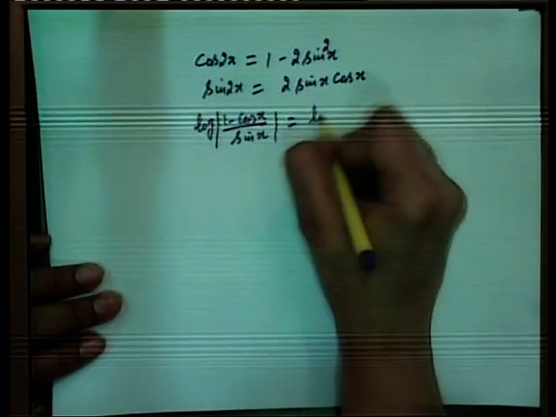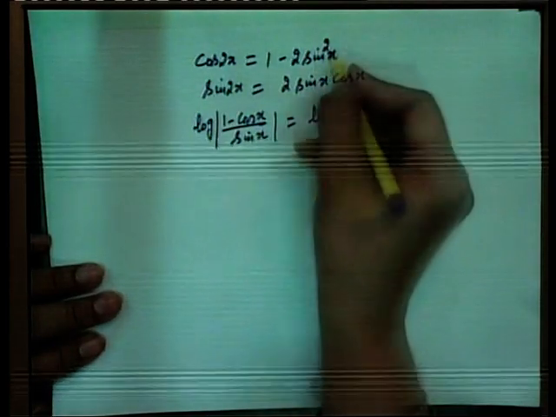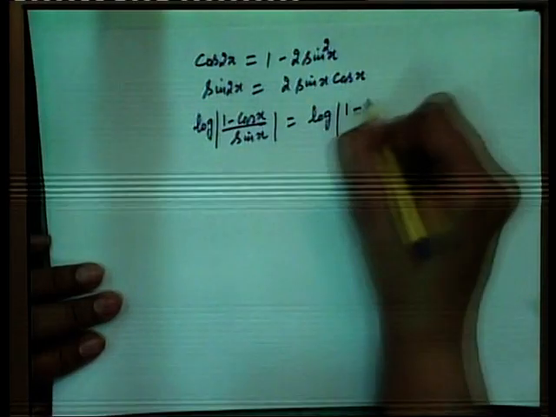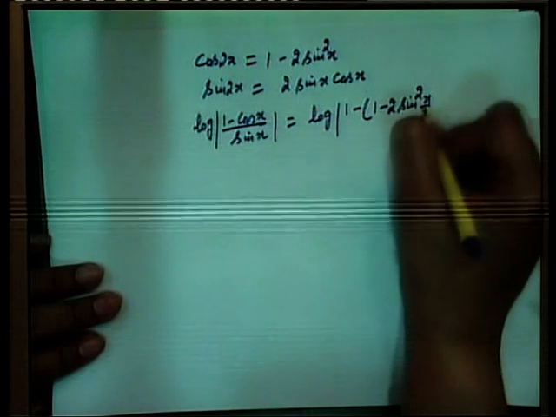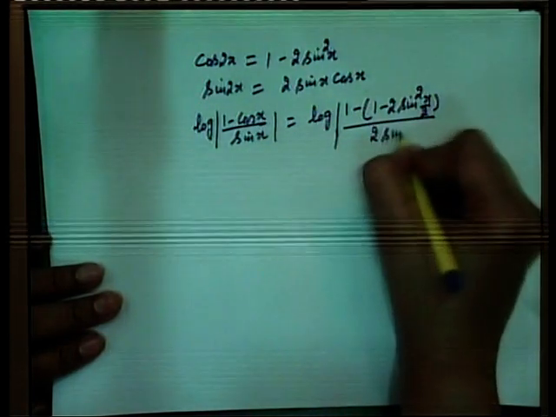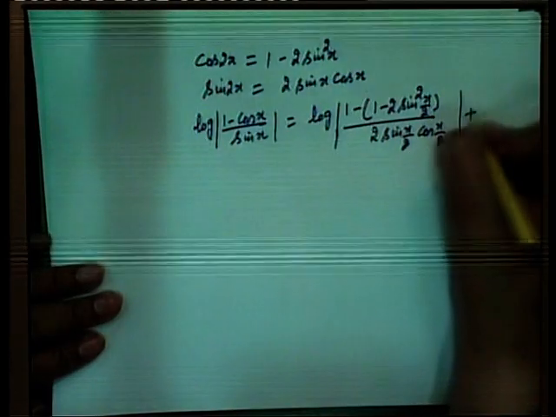This is equal to log of mod 1 minus cos 2x, which is 1 minus 2 sin square x. Here the angle is x, so we make the submultiple angle: 1 minus 1 minus 2 sin square x by 2, and in the denominator it becomes 2 sin x by 2 cos x by 2, plus c.